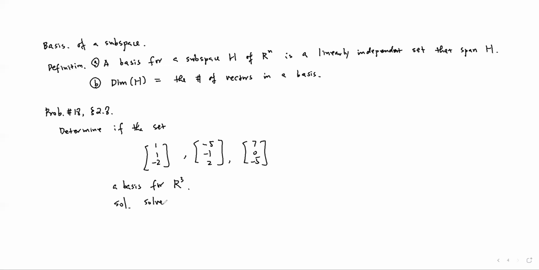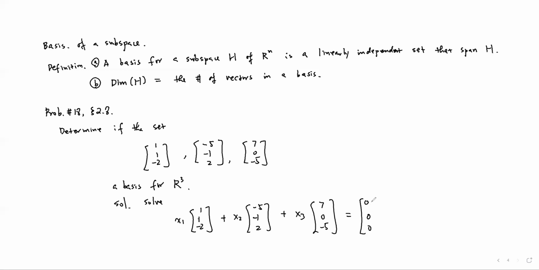Solve this equation, x1 a1 + x2 a2 + x3 a3 equals 0. That is the definition of a linearly independent set.